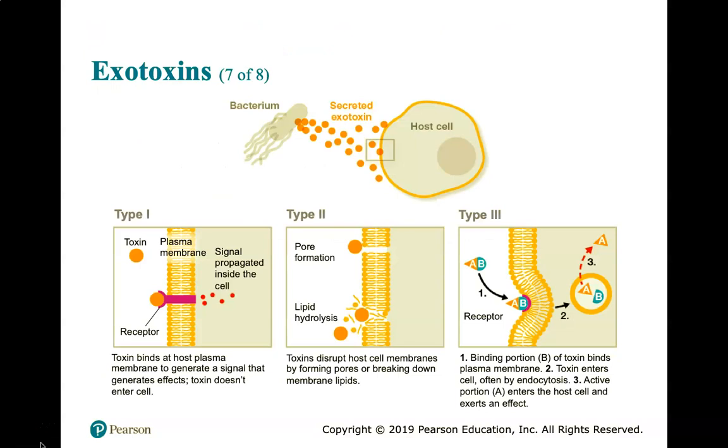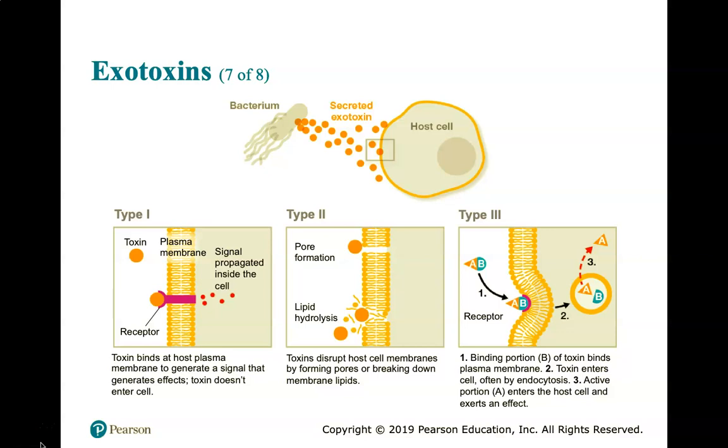I don't have the image number on this. I believe it's somewhere later in the chapter. See if I can find it. It is figure 10.4. It just shows you what we've been talking about in an image. The first one is a superantigen, right?